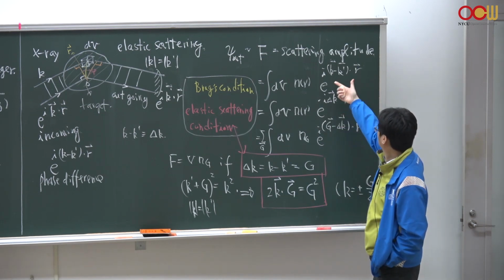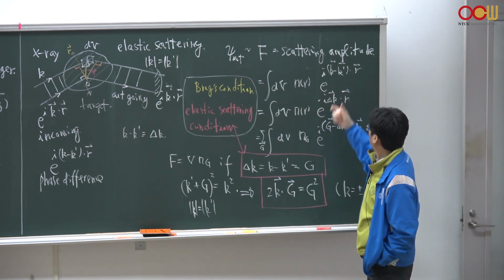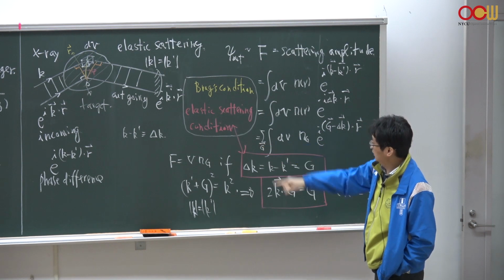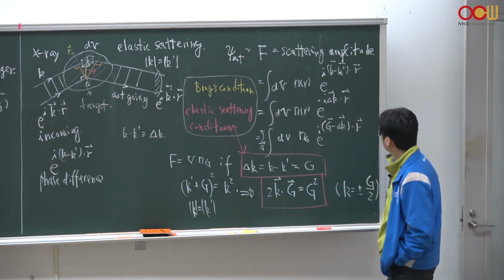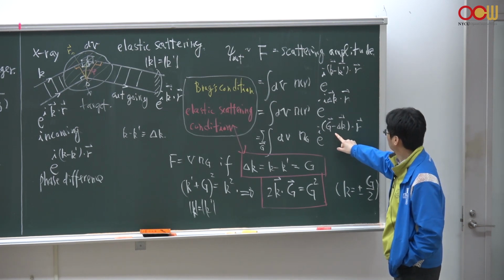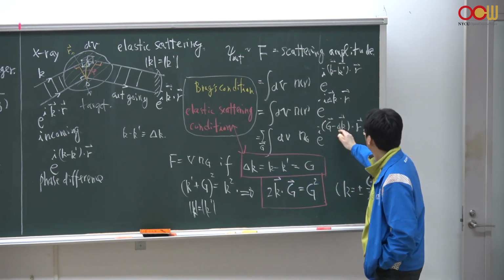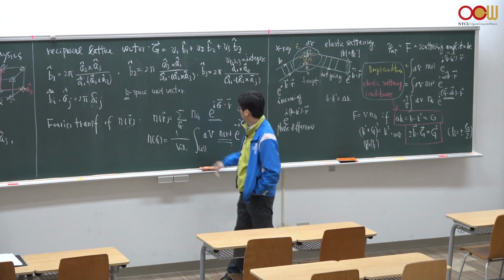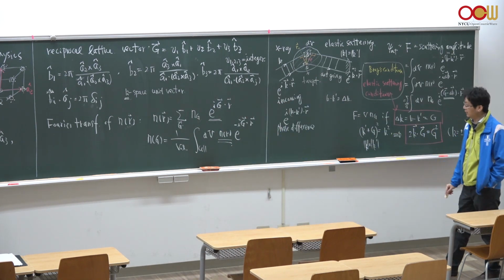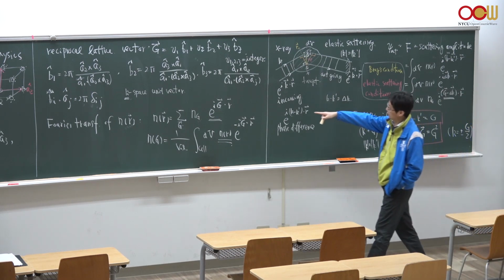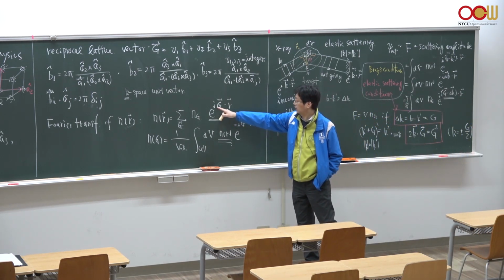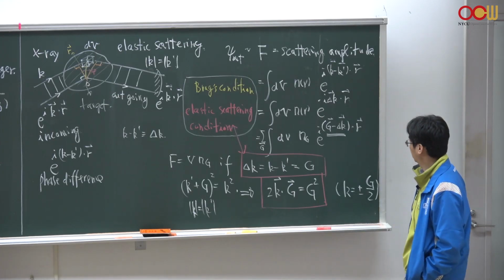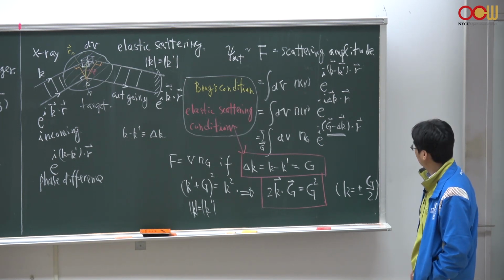When you multiply this electron density by this phase difference, you could define delta k as k minus k' vector, and then use the definition of the reciprocal lattice vector, that the Fourier transform of this electron density in the reciprocal lattice space is given by that formula, where you have this extra e to the i G dot r phase appearing when you perform the Fourier transformation of the real space electron density function.